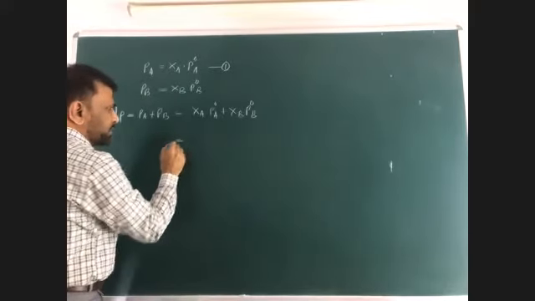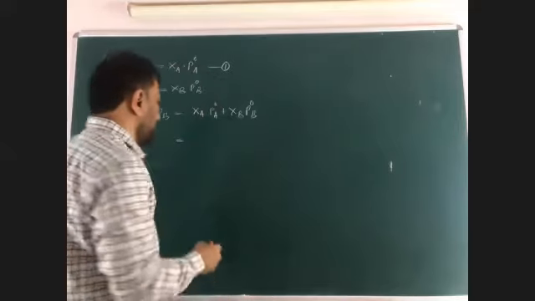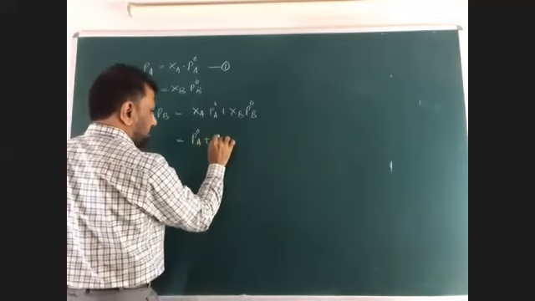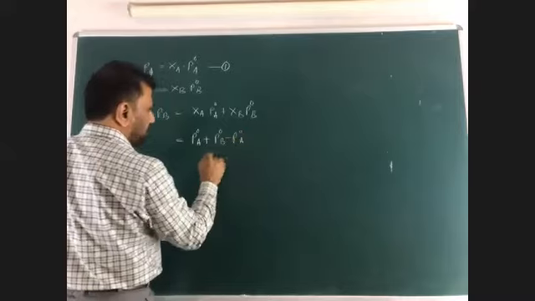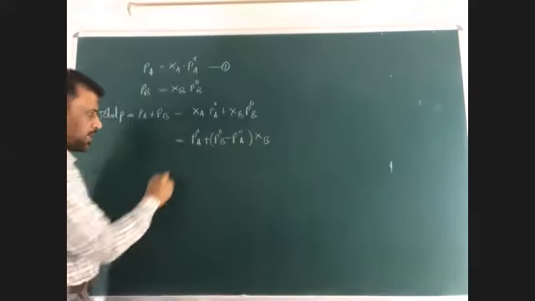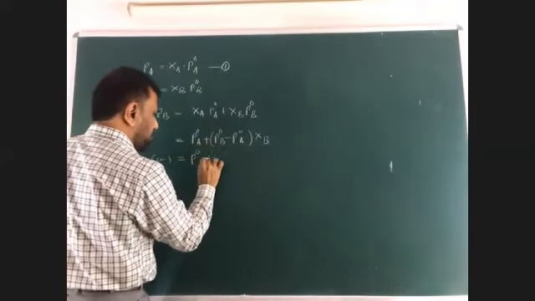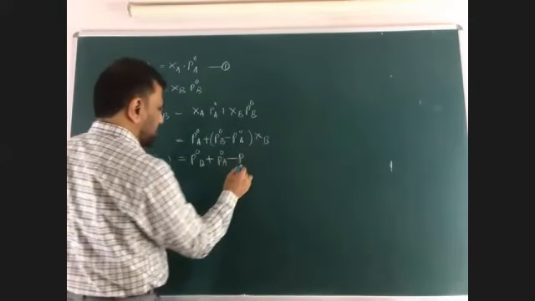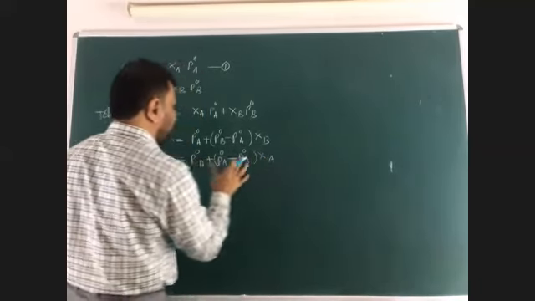This total pressure can be expressed in two ways, in terms of the mole fraction of A or the mole fraction of B. We have derived that it is P naught A plus (P naught B minus P naught A) in terms of Xb, or P naught B plus (P naught A minus P naught B) into the mole fraction of A. Both can be used.